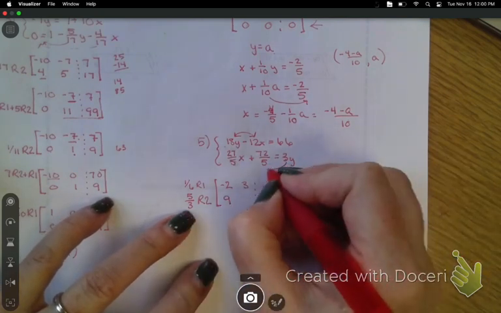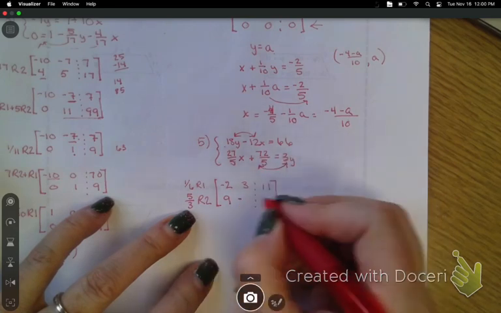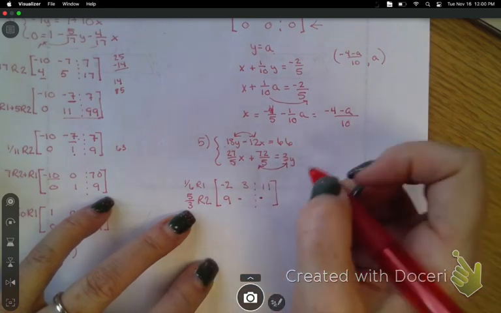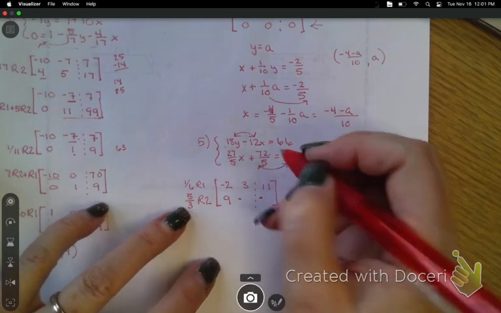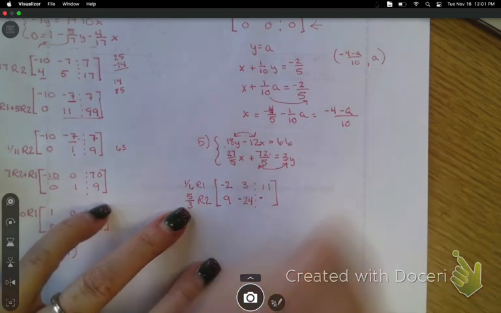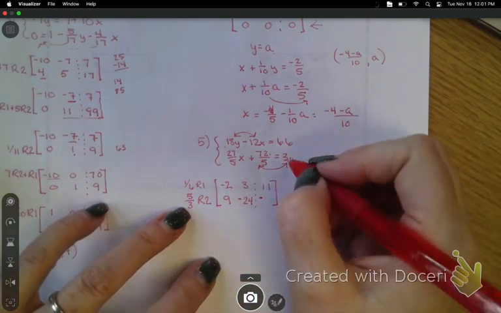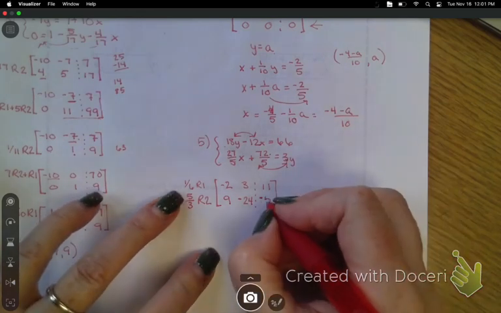Now we do need to move this y over and the 72, so both of these are going to be negative because we're not changing those. So the 5 and the 5 reduce, and 3 goes into 72 24 times. And then the 3's reduce, but 1 times 5 is 5.